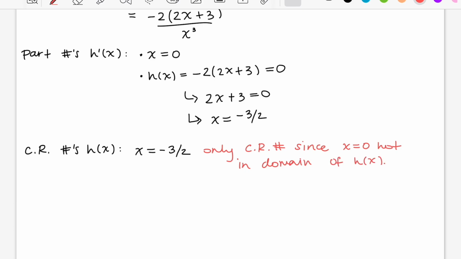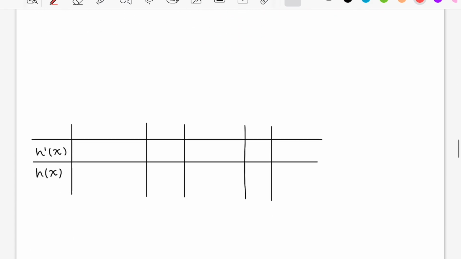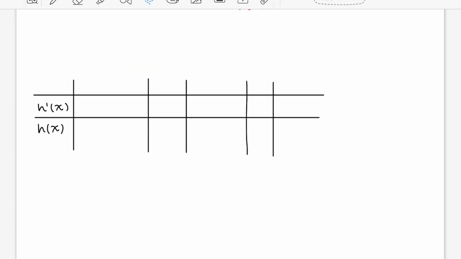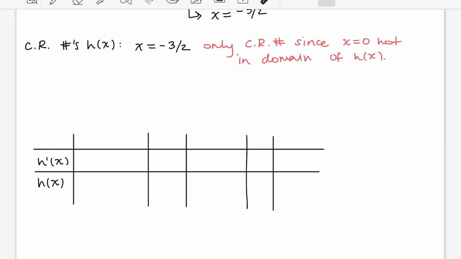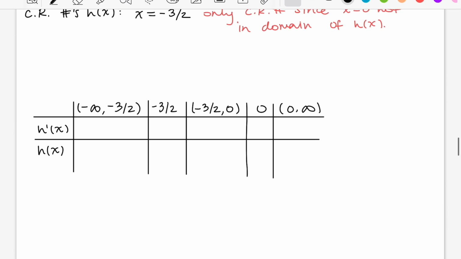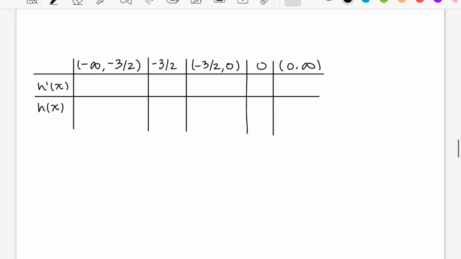Alright, so now we'll construct our sign chart to find the intervals of increasing and decreasing for our function. Move this up a little bit. Alright, so our intervals are going to be broken up by our partition numbers. Alright, so to determine the sign of our derivative in these intervals, we'll evaluate our derivatives at numbers within these intervals.